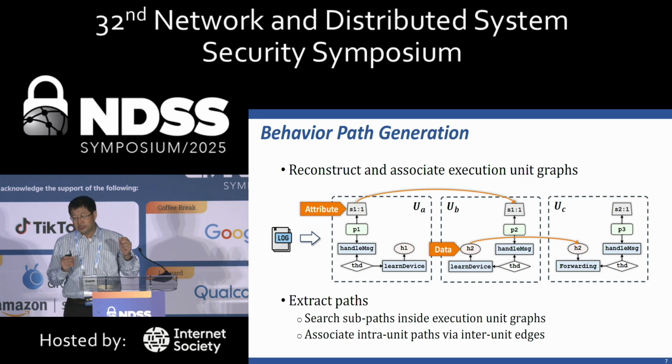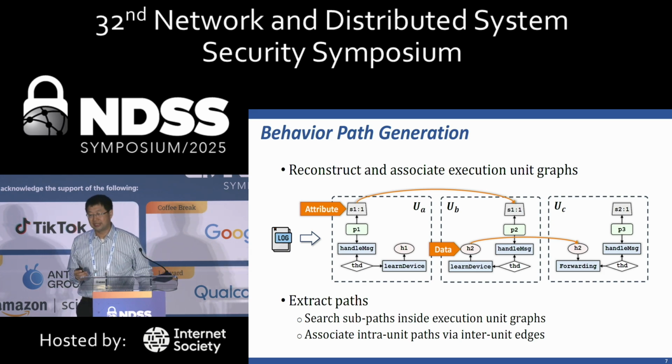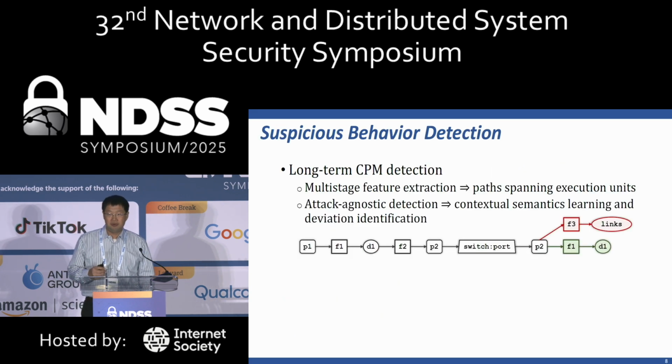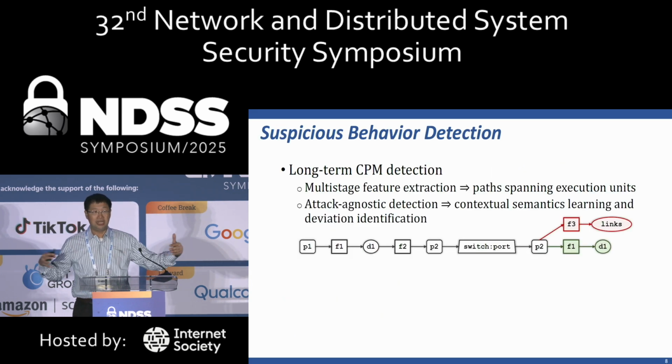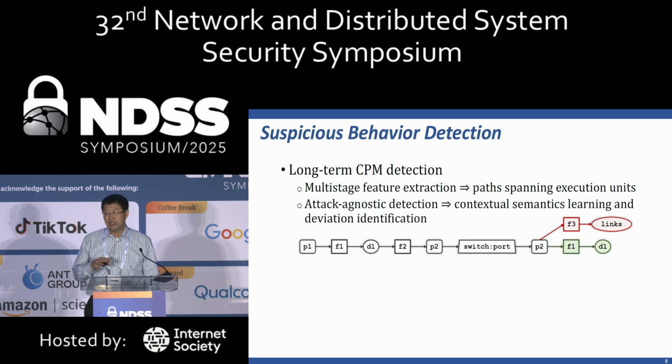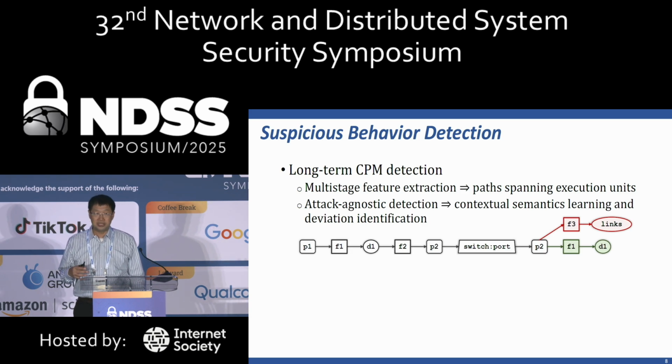Then we associate these attributes or data together to form a connected path among the small pieces in different execution units. Eventually, we get a graph represented as a long chain or long path of operations. It actually captures the operations related to the CPM operations.